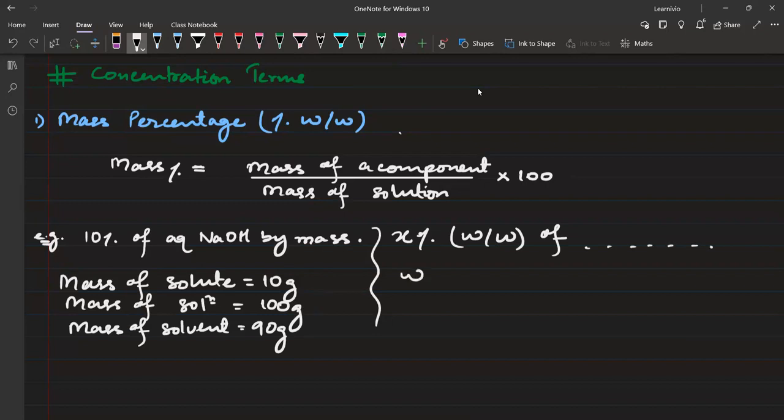So they have given the mass of solute, which I represent by W, equal to X gram. Mass of solution will be equal to 100 grams, and the mass of solvent, that is noted by A, will be equal to 100 minus X grams.